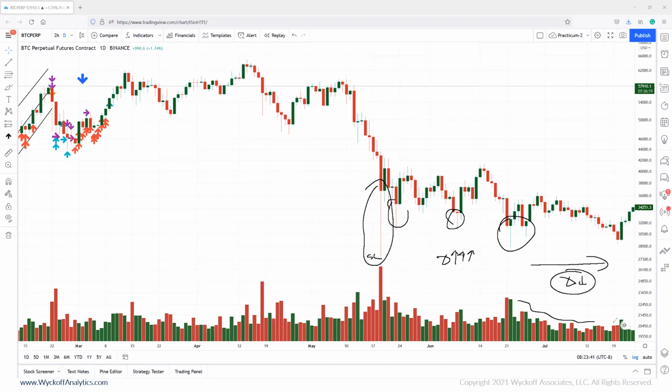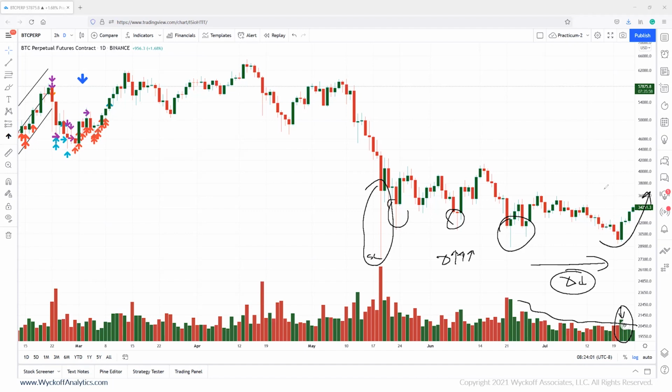So it's just an element of the selling being so exhausted to the point where the trend is starting to get established off just a small increase of demand that starts to push the price up. And then we don't see a lot of buying because the buying is exhausted as well.